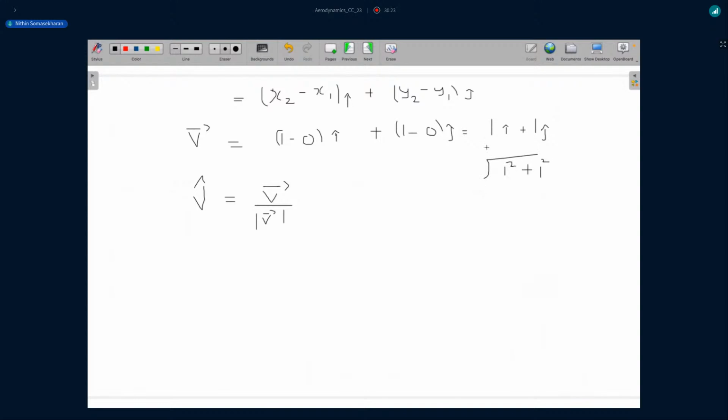The square and summation and the root of the individual terms of that vector. This would be nothing but root 2. So each term would be 1 by root 2 I cap plus 1 divided by root 2 j cap. All right, so this basically represents a unit vector.